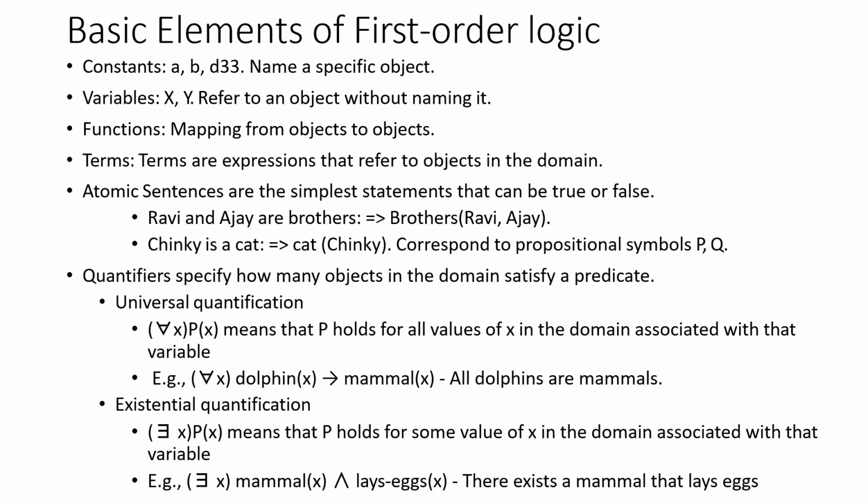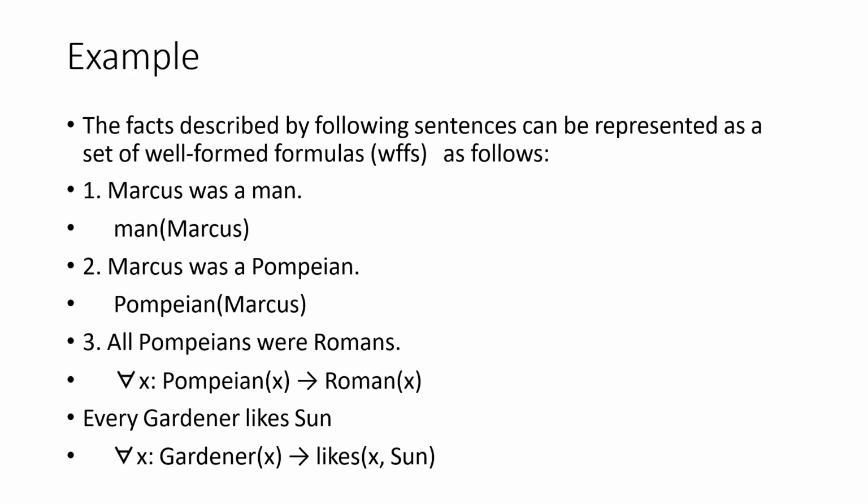The first order predicate logic allows us to represent objects, properties, relationships, and quantifiers in a precise way. We will see the examples. Here we can see how English sentences are converted into well-formed formulas in first order predicate logic.